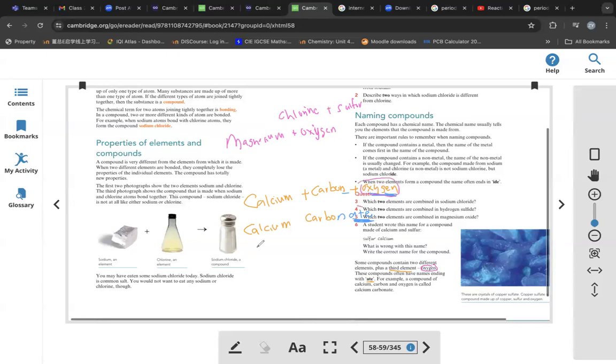Let me give you another example. We can use copper, sulfur, and then plus oxygen. And then the name will become copper sulfate. Correct, because the oxygen, they will change it into ATE.